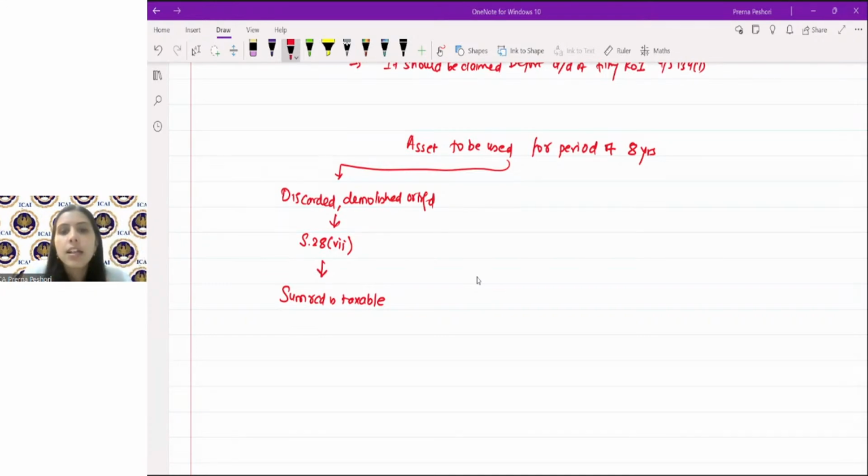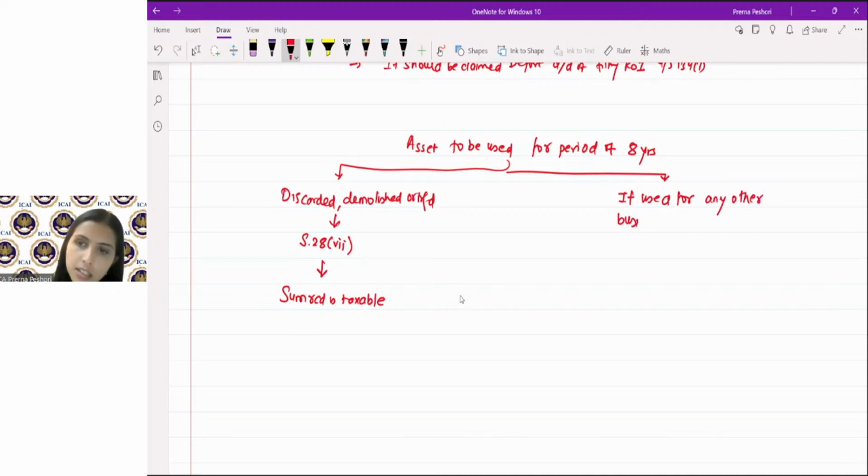Is it clear? Then, if it is not transferred but is used for any other business other than specified business. So the asset has to be used for a period of 8 years.